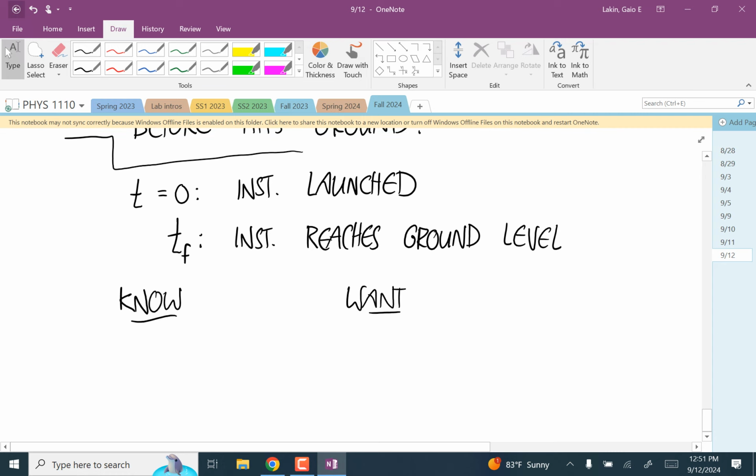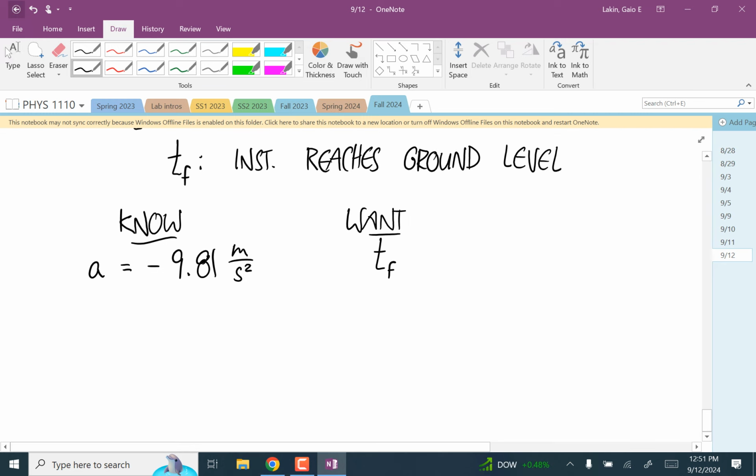We're trying to calculate how long it takes, so time final is what we want. The acceleration, it's still in free fall, so this is still negative 9.81 meters per second squared. Our initial position is still positive 2. Our final position is ground level, and that's what we chose as our 0, so P final is 0.